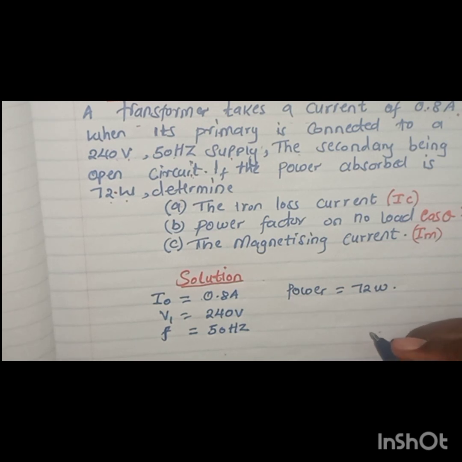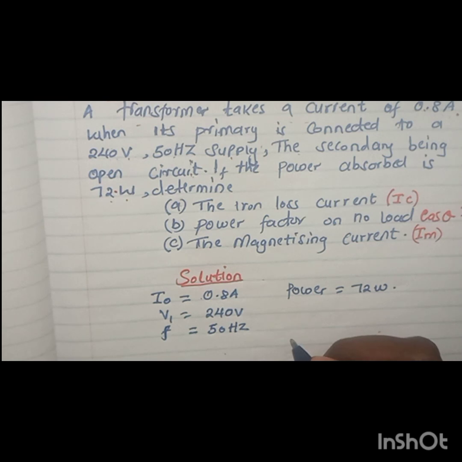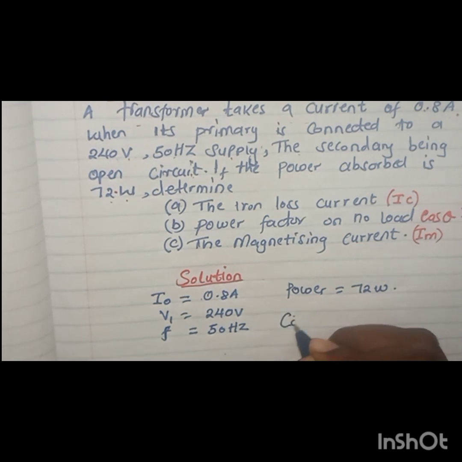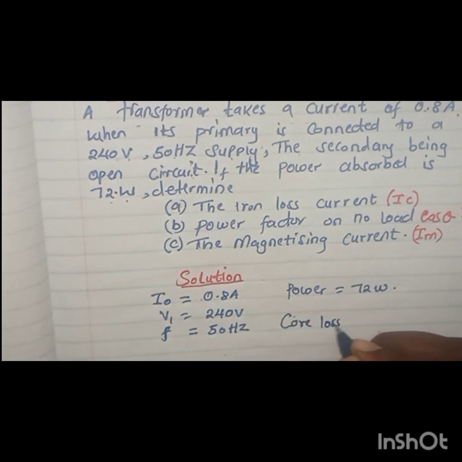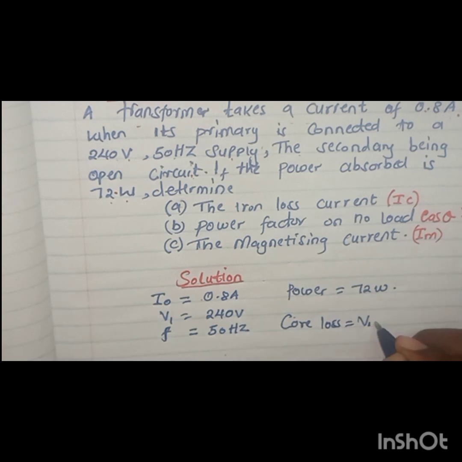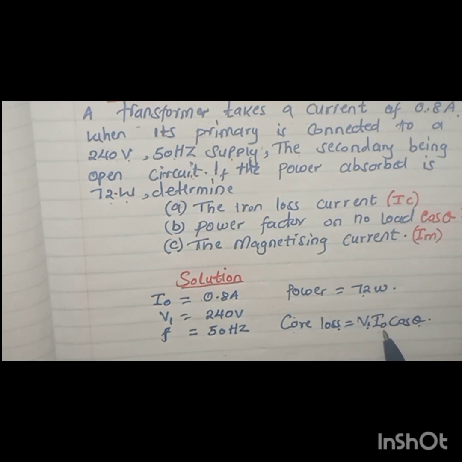So the first thing, we have seen that the core loss is given by V1 I naught cos theta. From this relationship, we have the power lost as 72, we have V1 and we have I naught, so of course we can get theta.